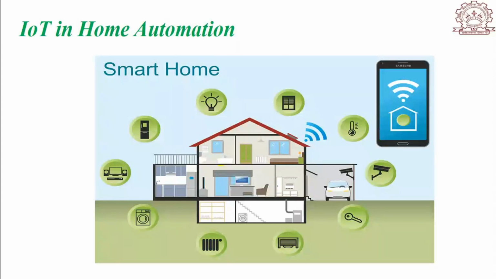So from the mobile phone they can switch on or switch off the devices. They can start working with some LED project first: how to turn the LED on and off from the mobile phone. For whatever devices are inside the home, there will be only switching on and switching off facility that they can do from the mobile phones.